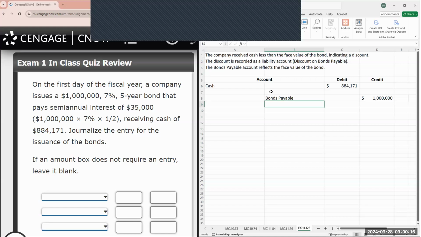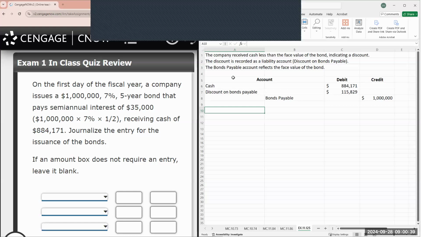And we know one thing about accounting: the journal entries must always be in balance. Total debits must equal total credits. So we see there's a difference on the debit side. So we subtract our total credit from the debit. The difference of $115,829 represents our discount on bonds payable.